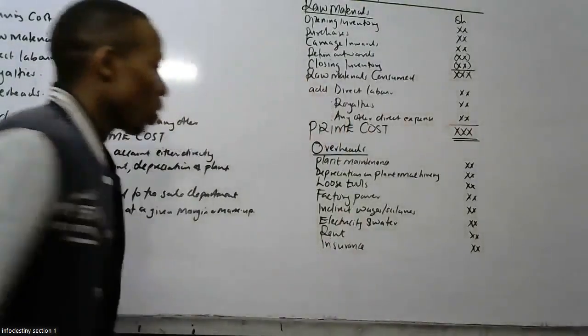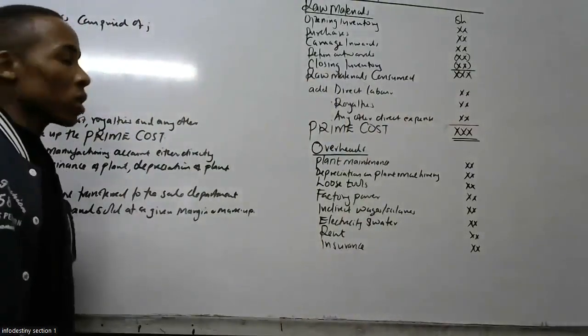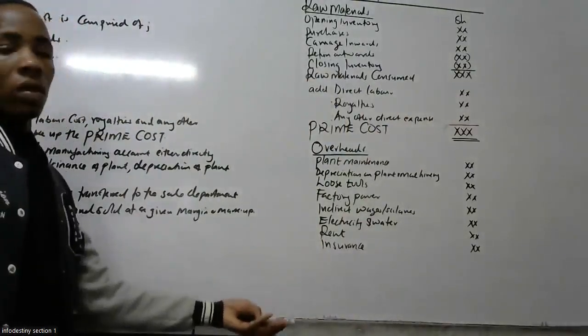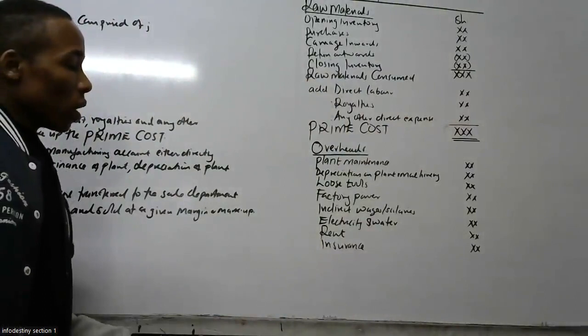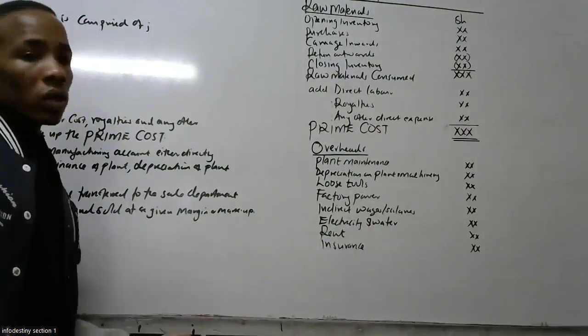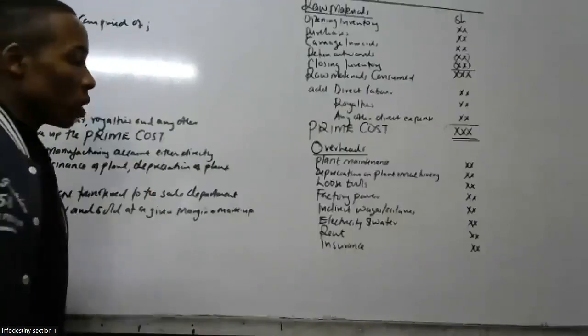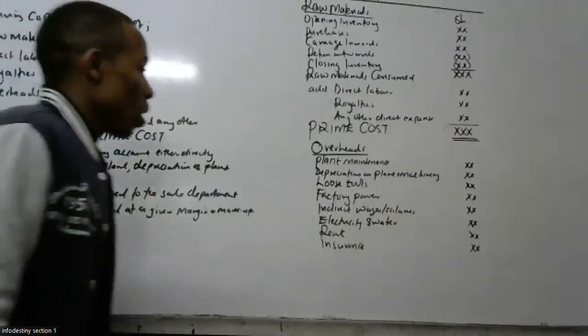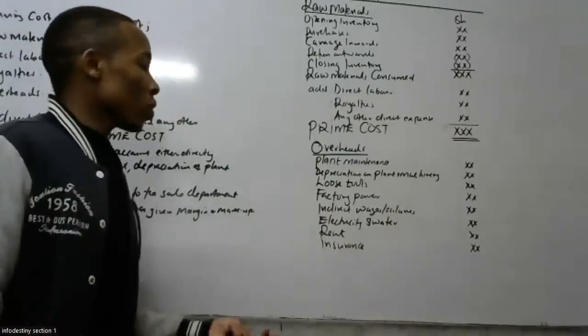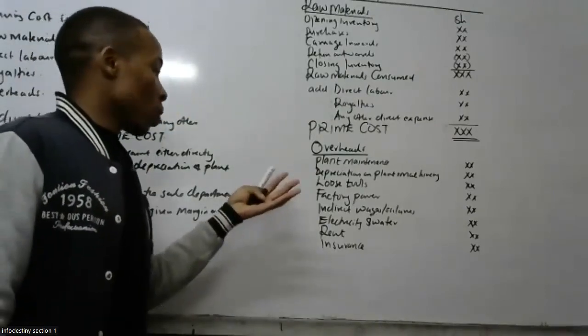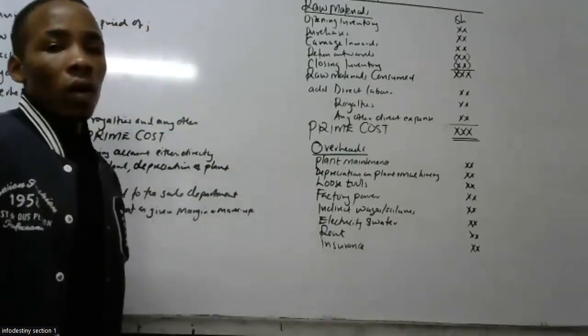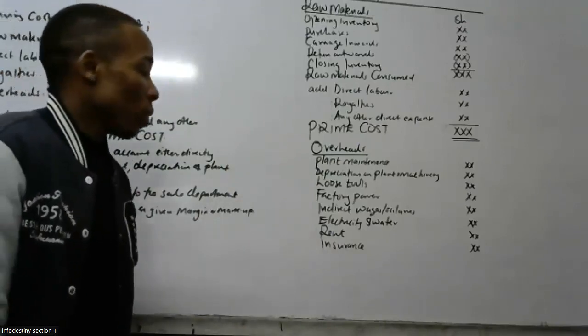So these costs or expenses, we allocate them according to the proportions given. They can be as many as possible, and also they can be few.